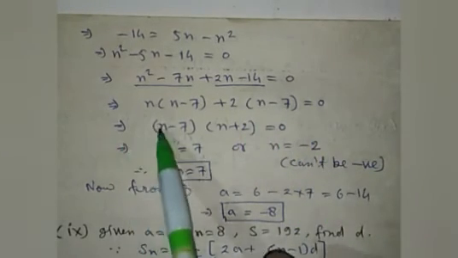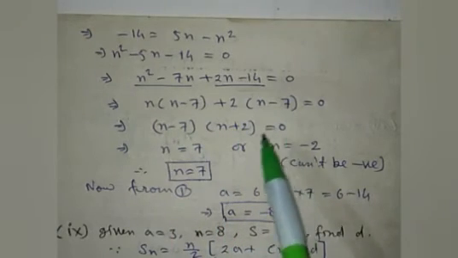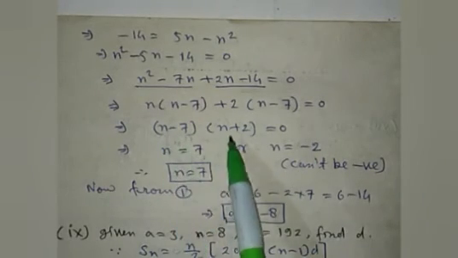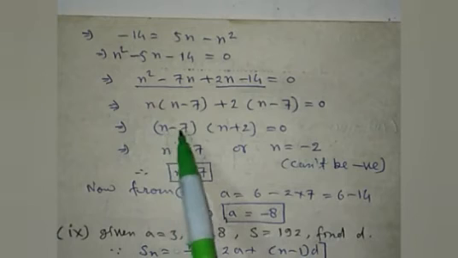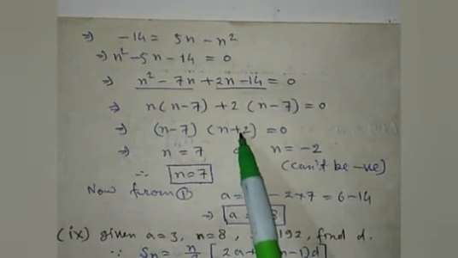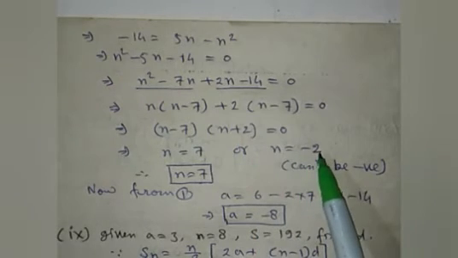So it is equal to (n minus 7) into (n plus 2) equal to 0. Now the multiplication of two factors is 0, so either factor will be 0. So n minus 7 is equal to 0, then you will get n equal to 7, or if n plus 2 is equal to 0, you will get n equal to minus 2.